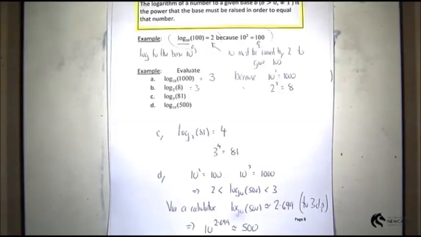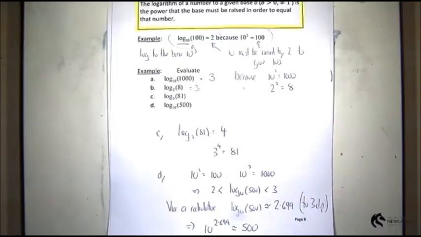So let's do a few more. It says find log base 2 of a quarter. Now in this case, what you're supposed to do is recognise that a quarter, or 1 on 4, is 1 on 2 squared, and 1 on 2 squared is 2 to the -2.